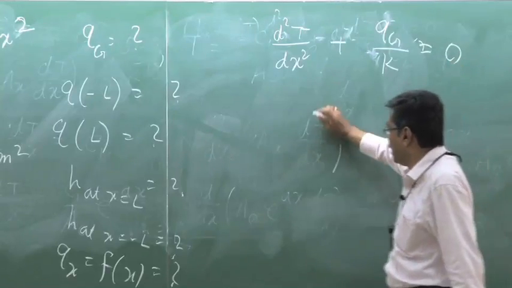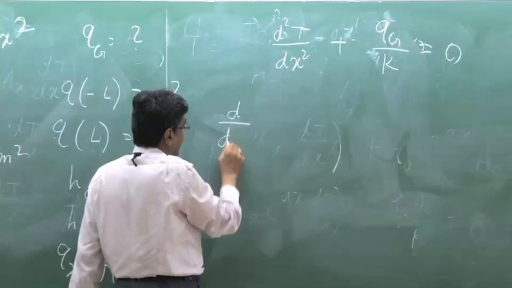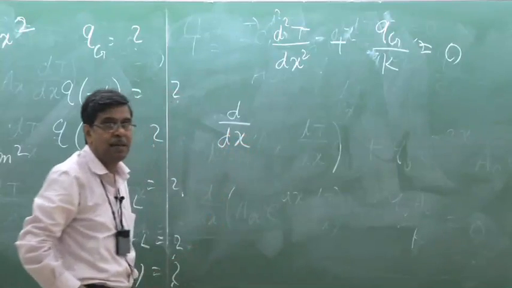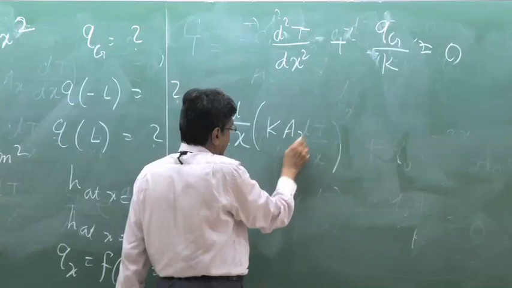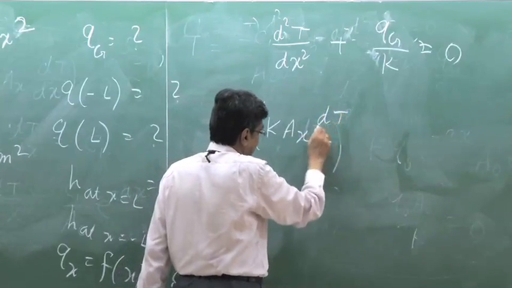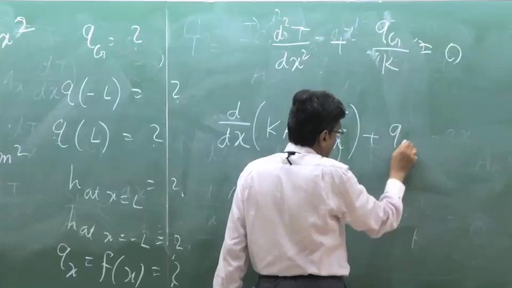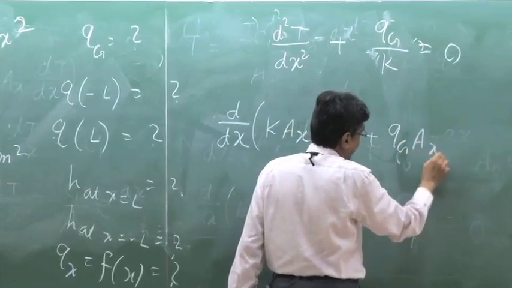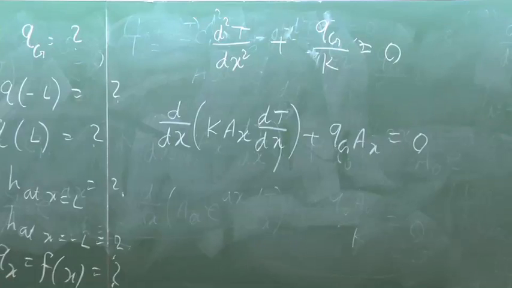We can develop this if we remember only one formula, or we can derive it from the fundamentals: d/dx of K Ax dT/dx plus Qg Ax equals 0. Everything is done from a simple energy balance for a variable area.